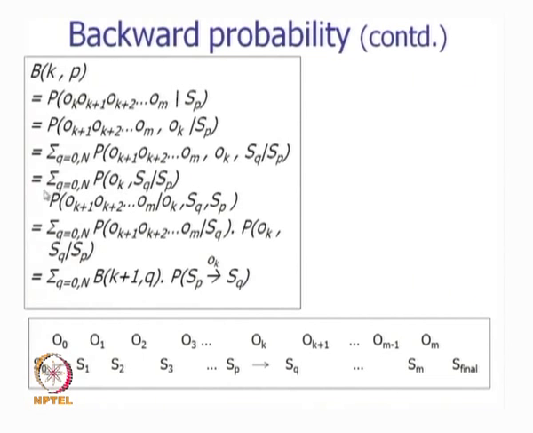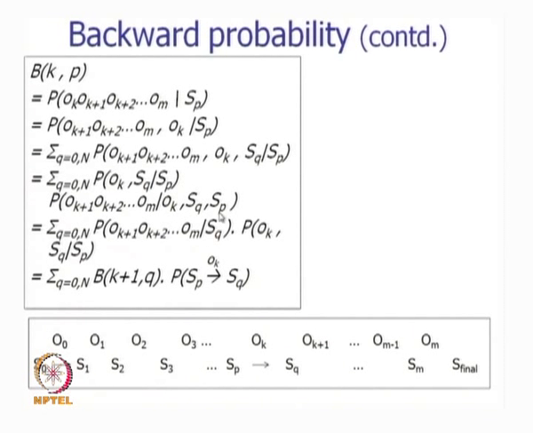So, now we have P of O k plus 1 to O m with S q, and this can now be used, and P of O k, S q given S p is isolated. Now, on marginalization, on chain rule, we have the term P of O k plus 1 to O m given O k, S q and S p. Now, the only conditioning factor for this term is S q.